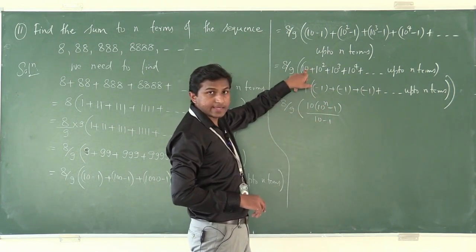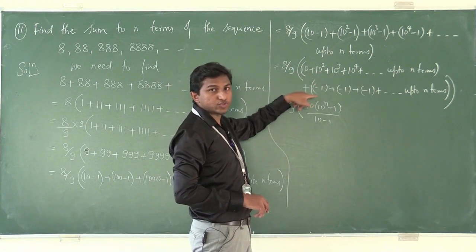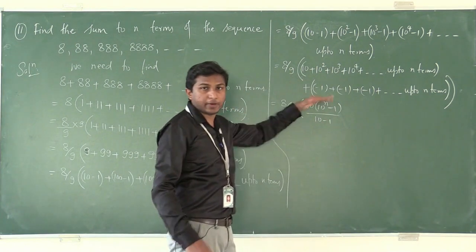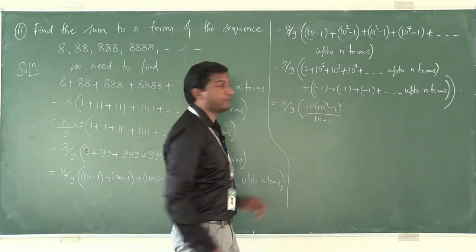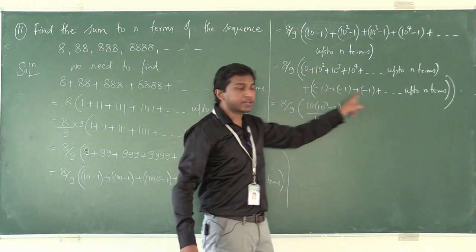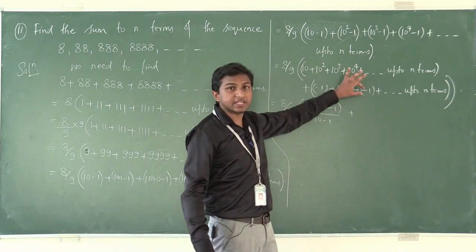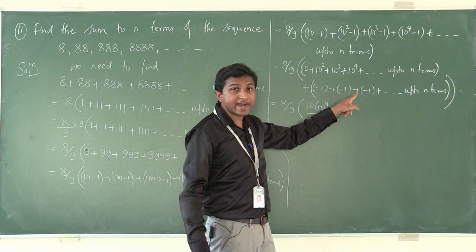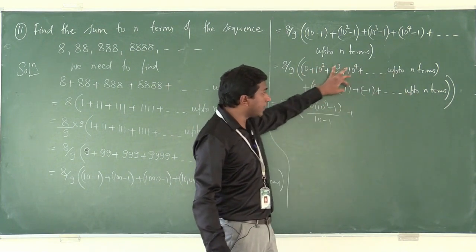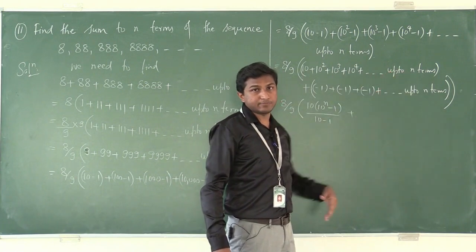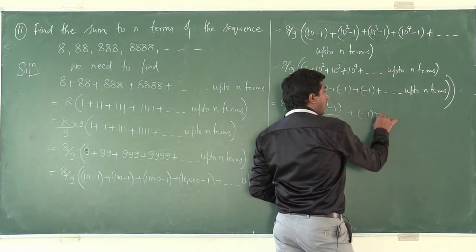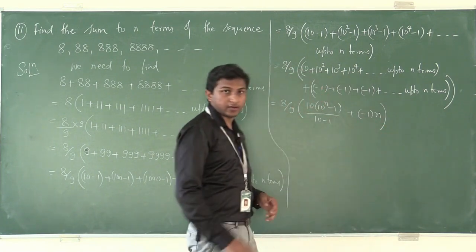Since A is 10 and R is 10, I have used the A into R power n minus 1 by R minus 1 formula. Now, what else do we have? We have a series where we are adding minus 1 n times. So I can write that as minus 1 into n.